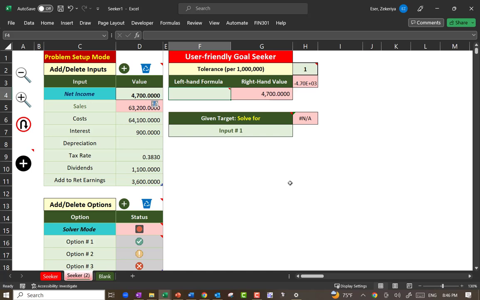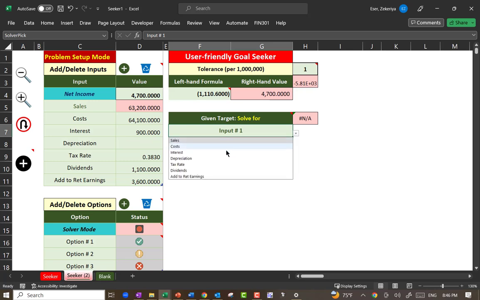Here I'm going to write the formula for net income given all those inputs: sales minus costs minus interest minus depreciation, times 1 minus tax rate. If those are the inputs, I'm going to solve for depreciation here.